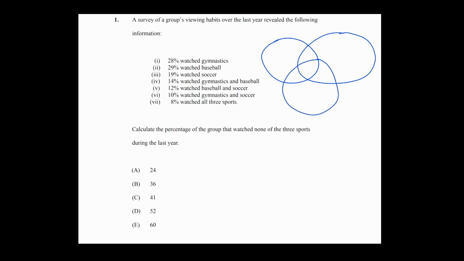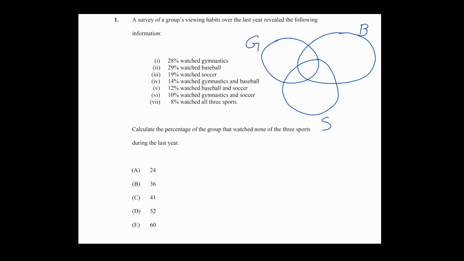So let's go ahead and draw three circles that look like a Venn diagram. 1, 2, 3. Okay, and I am going to name these G for gymnastics, B for baseball, and S for soccer.